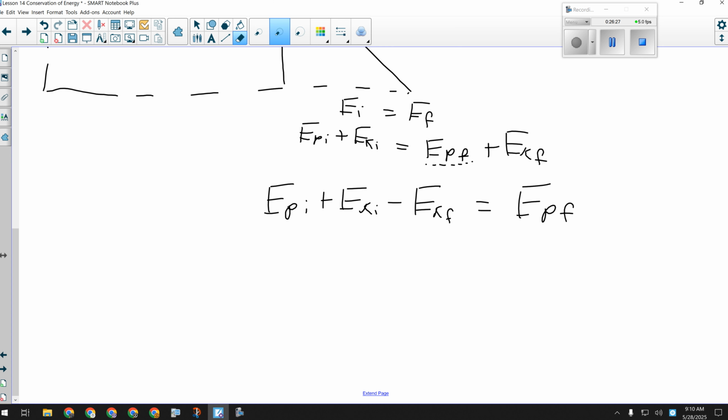So for potential energy, M times G times H initial. For kinetic energy, 1/2 times the mass times the initial speed squared, minus 1/2 times the mass times the final speed squared, equals mass times gravity times final height. Now, they told me the mass of the sled.